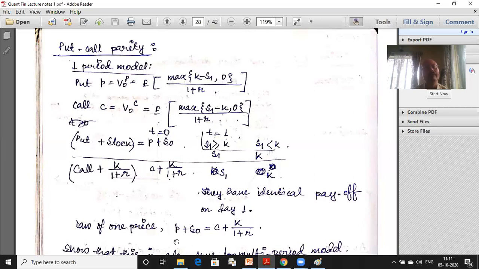If your contracts have the same payoff tomorrow, remember law of one price, I have two portfolios with identical payoffs tomorrow, then they must have the same value today. So that is exactly what we are trying to show. We have shown that tomorrow they have the same value in all situations. That means today their value must also be equal. That is law of one price. And that gives me this equality.